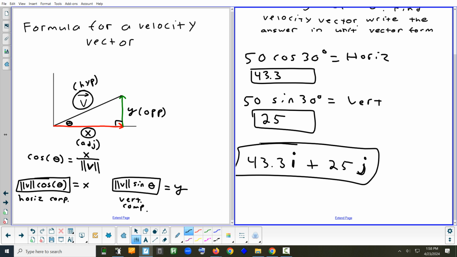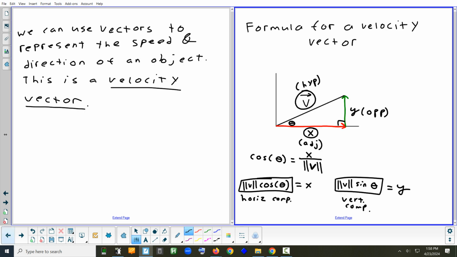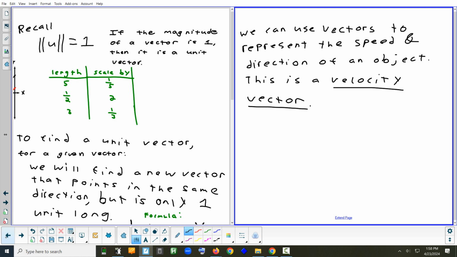But initially when it takes off, it would be going up at 25 miles an hour. Okay, that's how you write the velocity vector. Any questions on that? Okay, so that was the last 2 things in that part: finding a velocity vector, and then finding a unit vector.